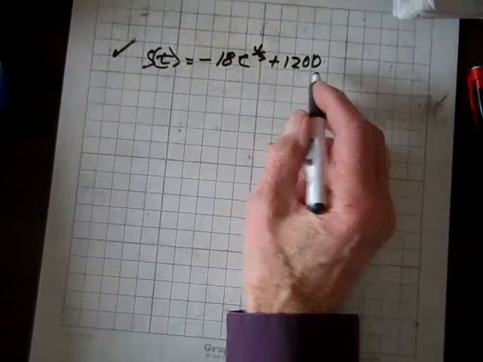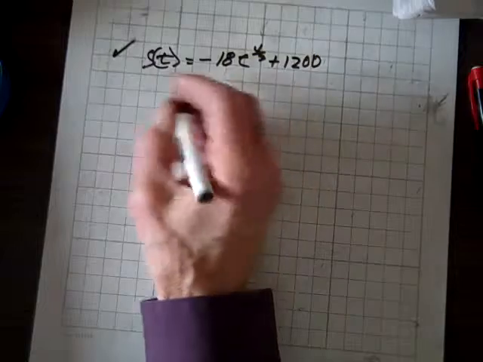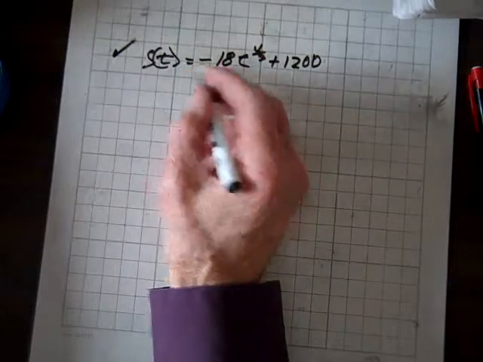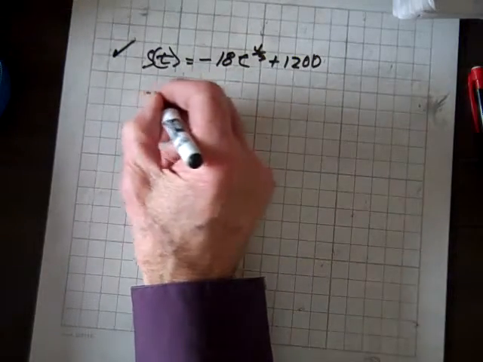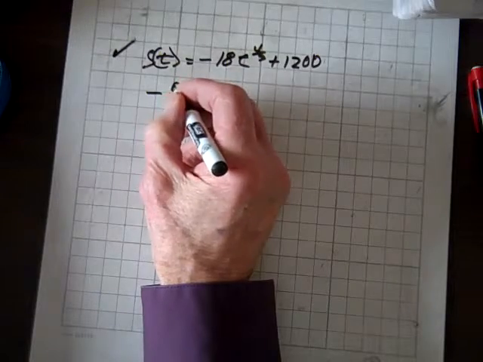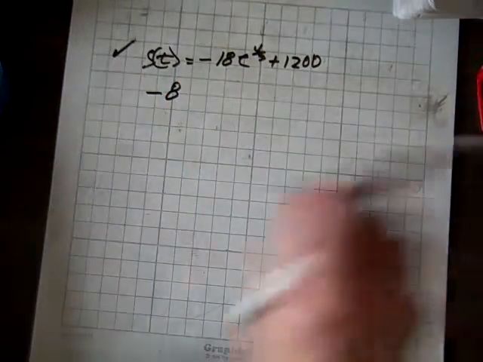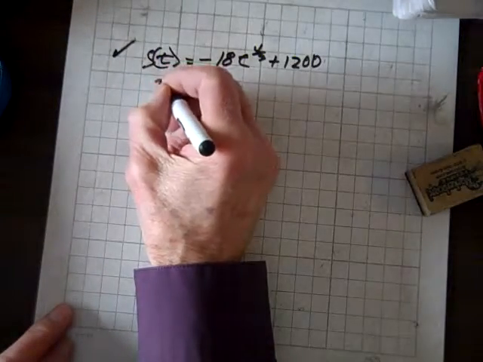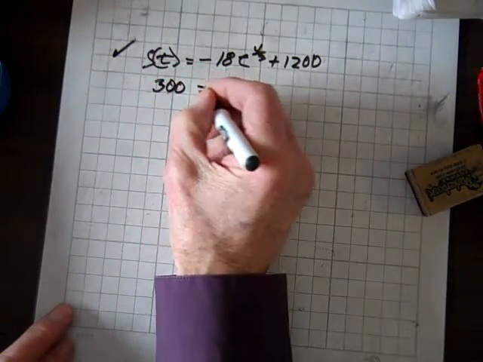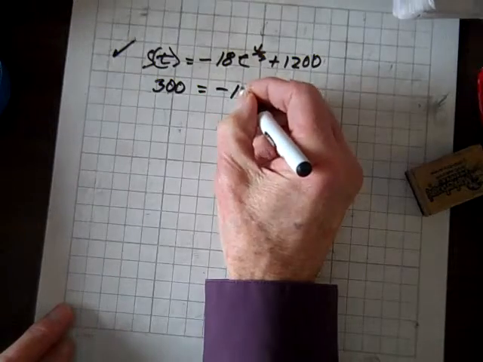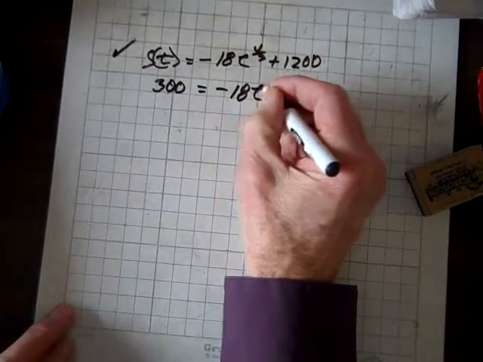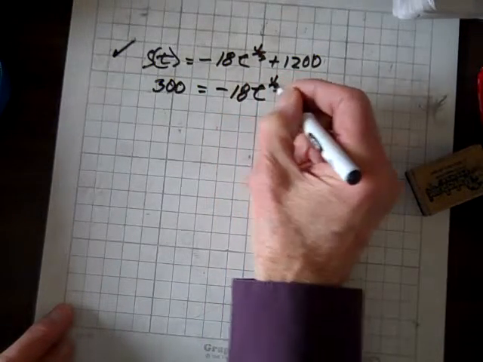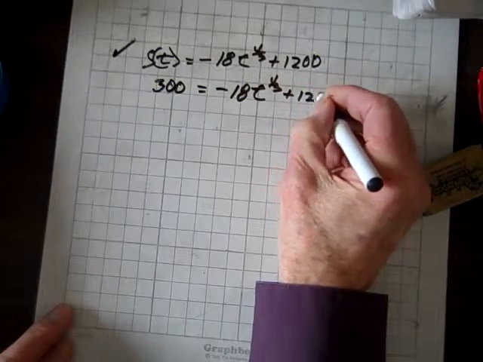They're going to stop when S of t is 300. So we'll let S of t be 300. We have 300 equals negative 18 t to the 4/3 plus 1200.